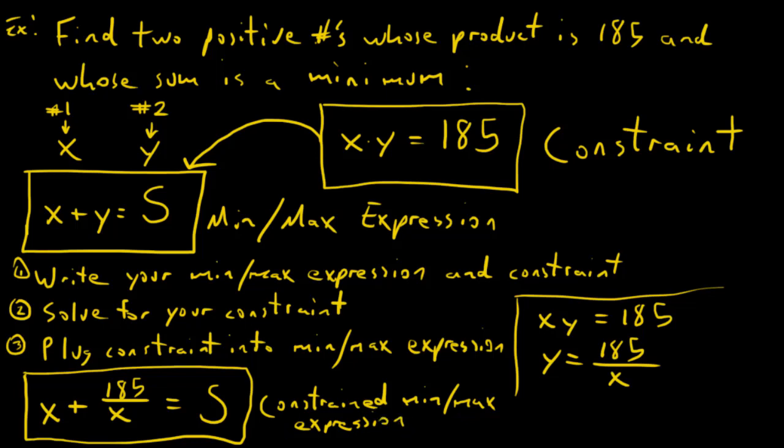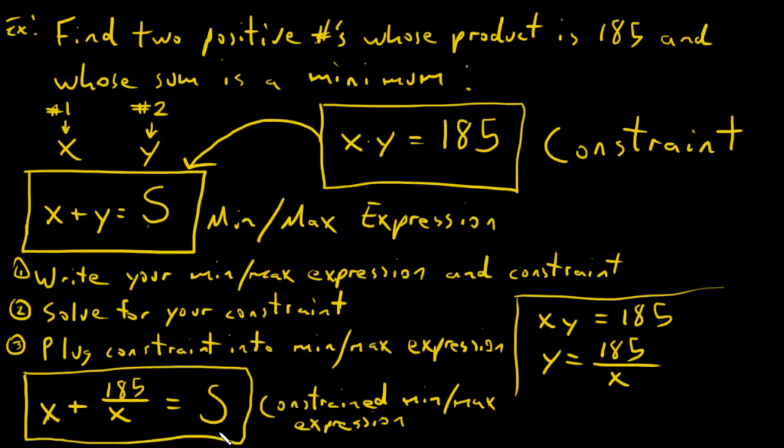Now, this is really nice because now I'm asking for, it's going to be kind of strange, this is kind of like in the background, I'm looking for the sum of two numbers that is going to be a minimum. Two positive numbers that are going to be a minimum when I add them together. But I know that the first number plus 185 divided by the first number is equal to that sum.